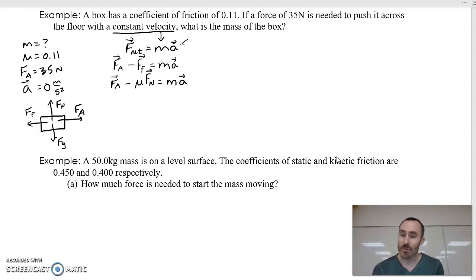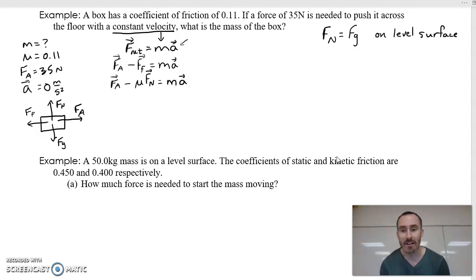And then we also need to recognize that the normal force is the same as the force of gravity, right? I'm going to write that up here. The normal force equals the force of gravity when on level ground. Since this is a level surface, it doesn't say that, but we have to assume that because it doesn't tell us anything about the surface being angled.